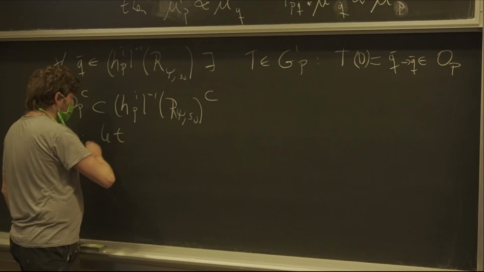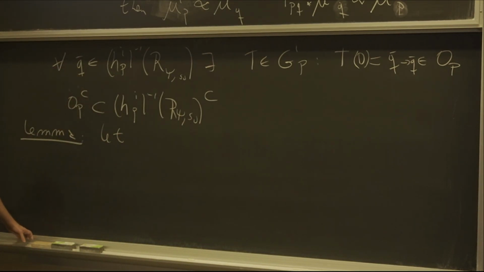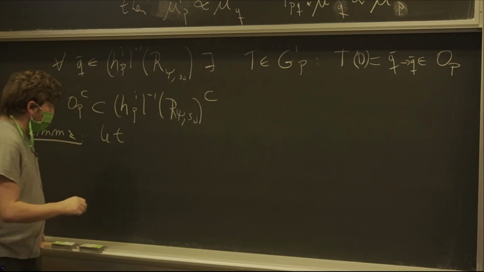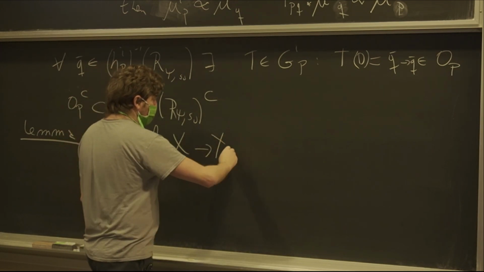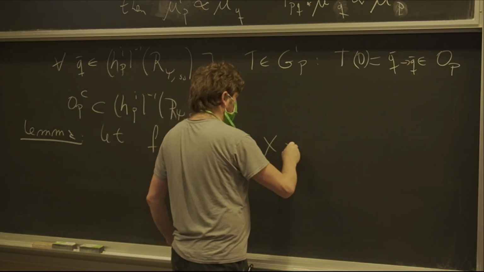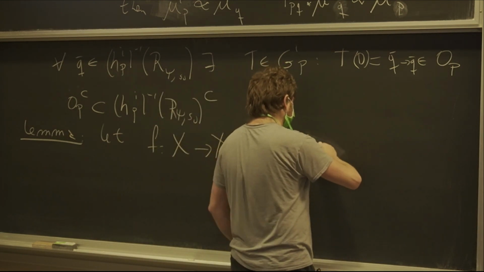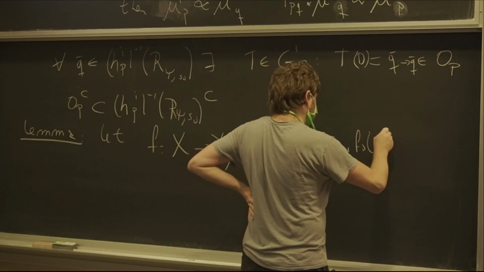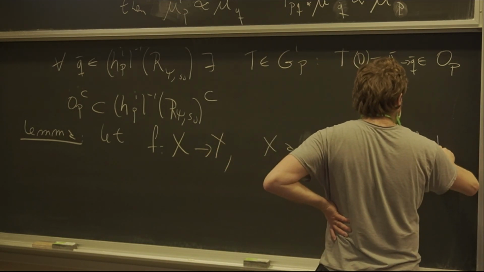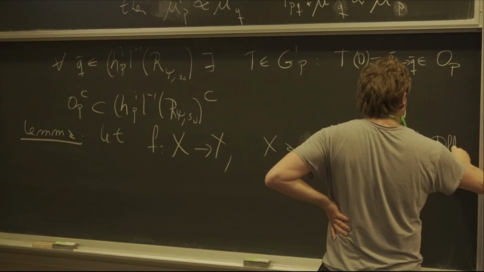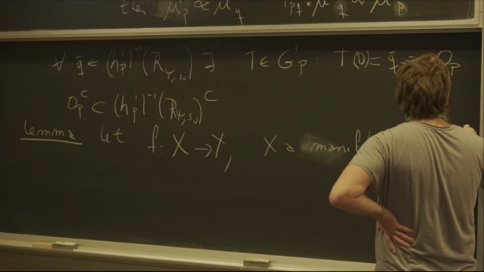It says the following: let f go from X to X, where X is a manifold, a compact manifold. Actually, it doesn't need to be compact. It's a manifold. And f a diffeomorphism. You need them at least 1 plus Hölder.